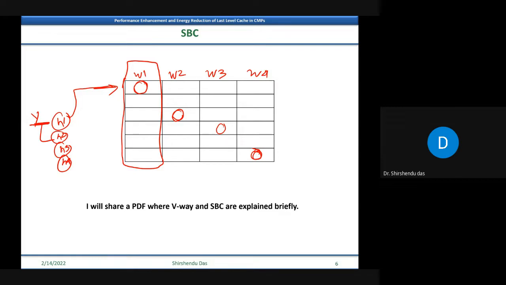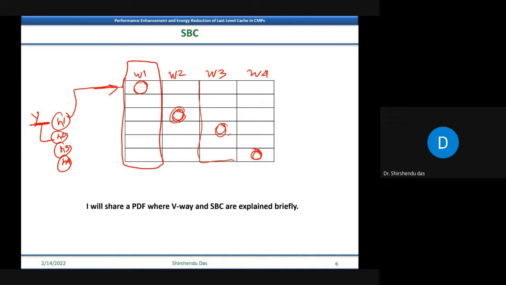Based on this, a location is fixed. If you want to place it in the second way, you apply the hash function h2, and based on this hash function there will be a fixed location here. And for the third way, there is a third hash function, so based on this it will be placed here. So you can see that in each set the block has a different way position, right?